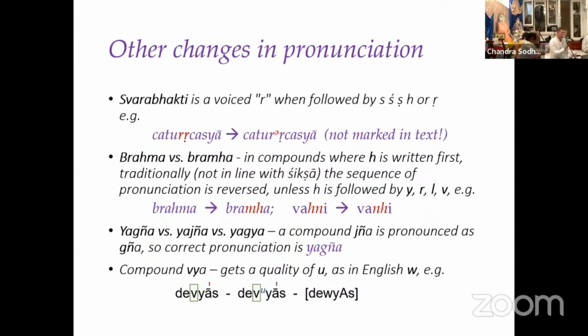So, for example, when we have this R, which is voiced per se, when followed by S, Sh, the fricatives, H or R, this is semi-vowel R down. For example, Chatur Rachasya, it means that we need to actually pronounce this Svara Bhakti practically as a standalone syllable, I would say, right? So it's not Chatur Chasya, it's Chatur Rachasya.